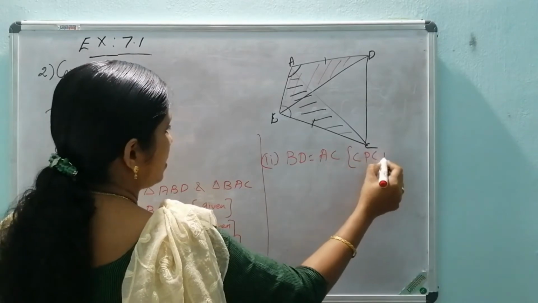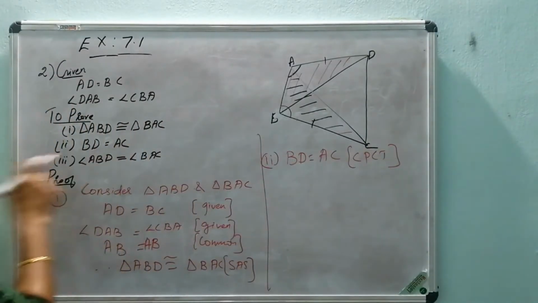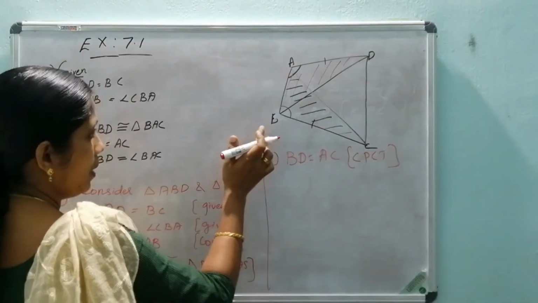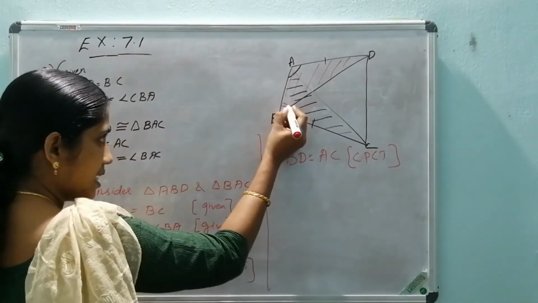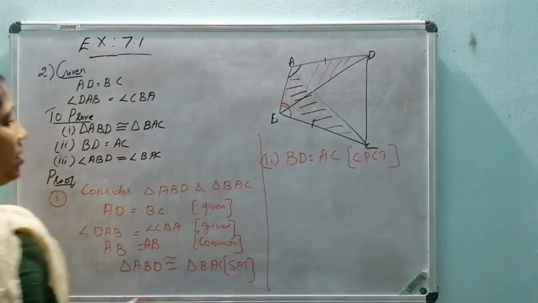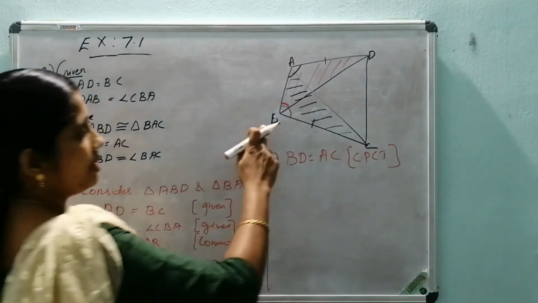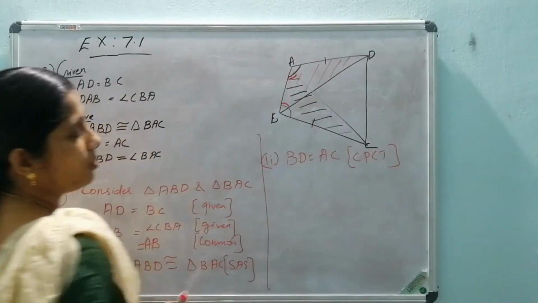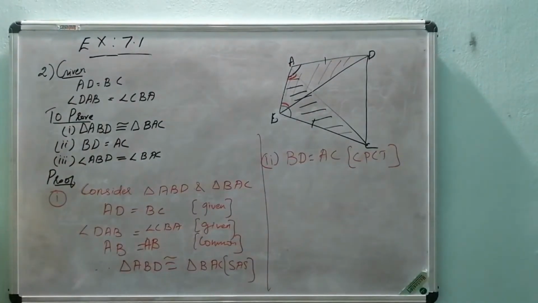Reason: CPCT. Then angle ABD and angle BAC. You have to prove that these two angles are equal.